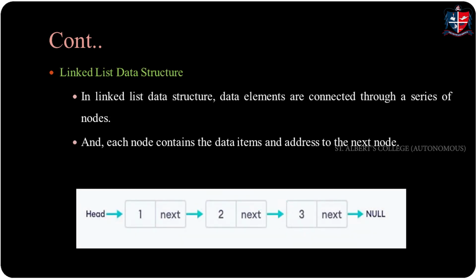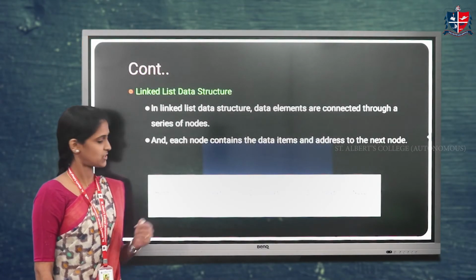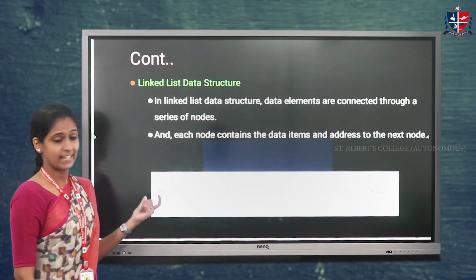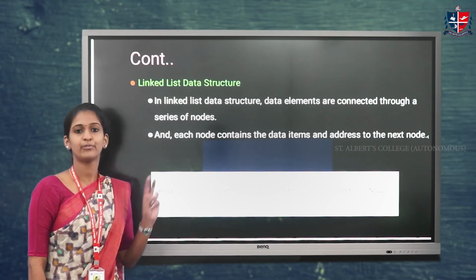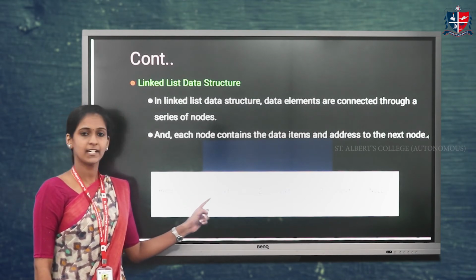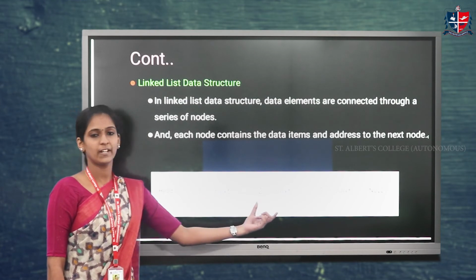Next comes the linked list data structure, which is also a linear data structure. A linked list consists of nodes, each consisting of two parts: the data and the address of the next node. That means these nodes will be connected.